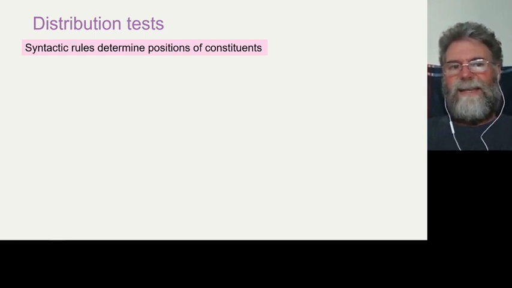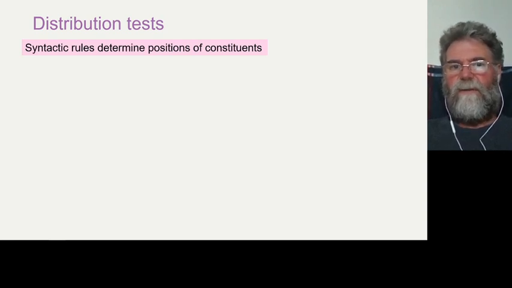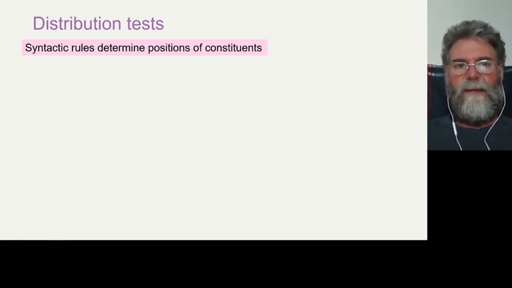So basically the syntactic rules determine the positions inside a sentence of the constituents of that sentence, the constituents being the parts that it breaks up into, including words and phrases, and also other subordinate sentences which we find inside another sentence. Obviously the syntactic rules determine where each of those constituents goes.